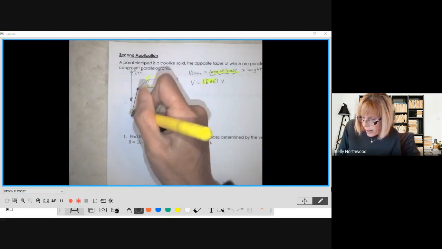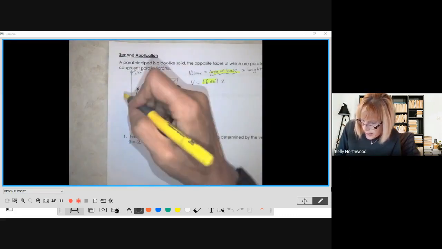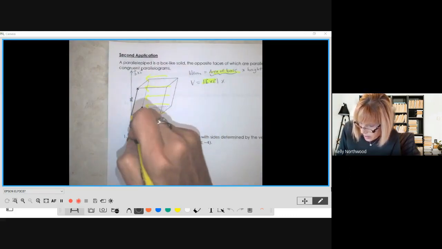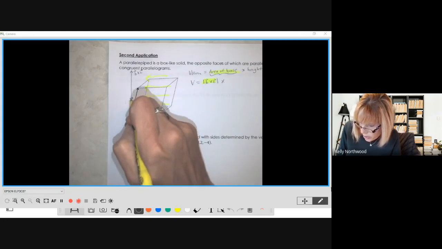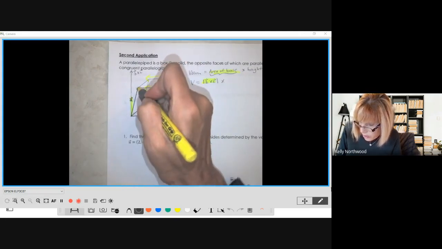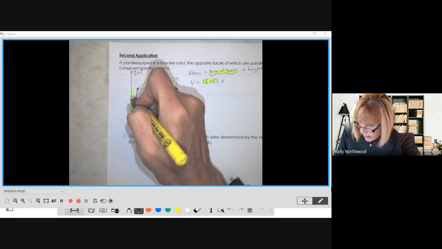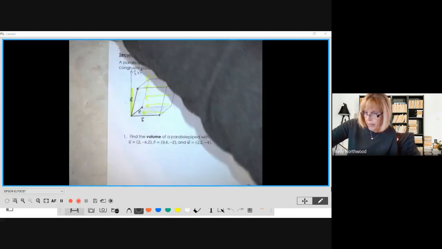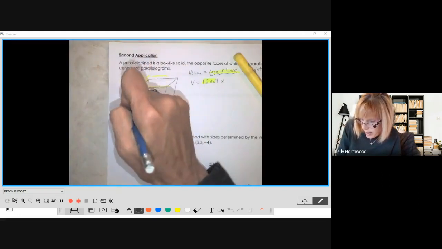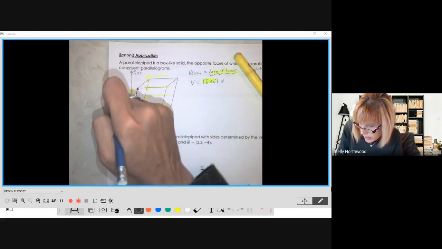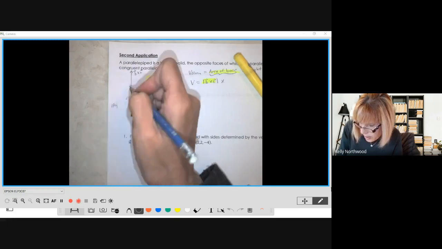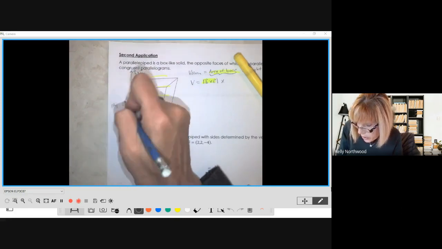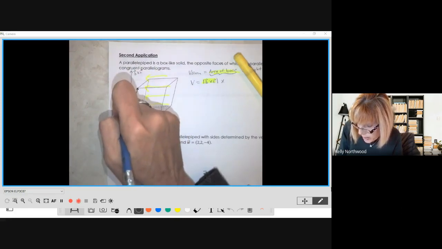So the shadow of A onto B cross C is going to be, here's where A starts. So this is part of the shadow. The shadow of the tip is going to be here. So this highlighted part here is going to be the magnitude of the projection of vector A onto vector B cross C.